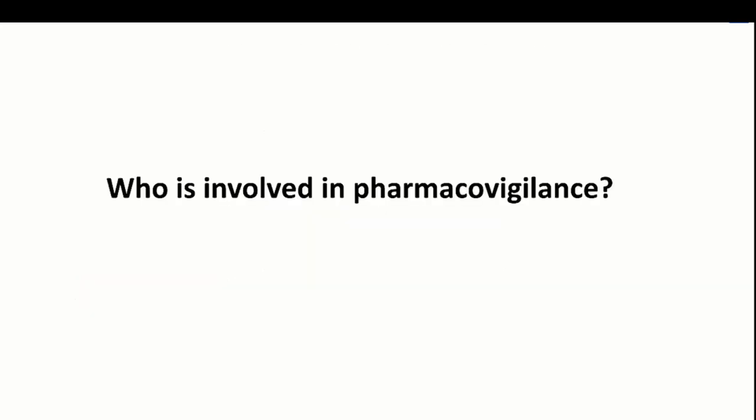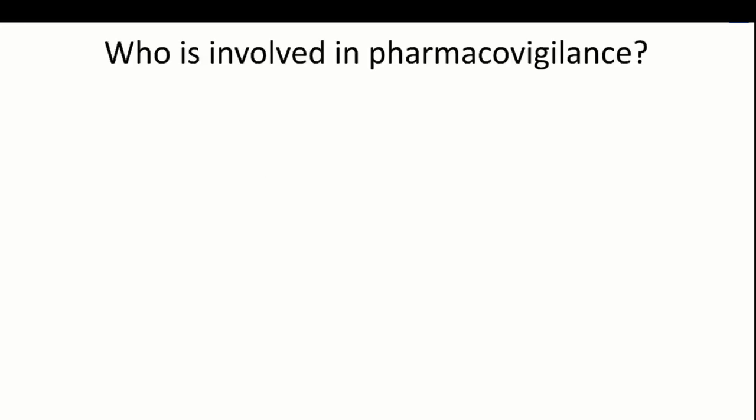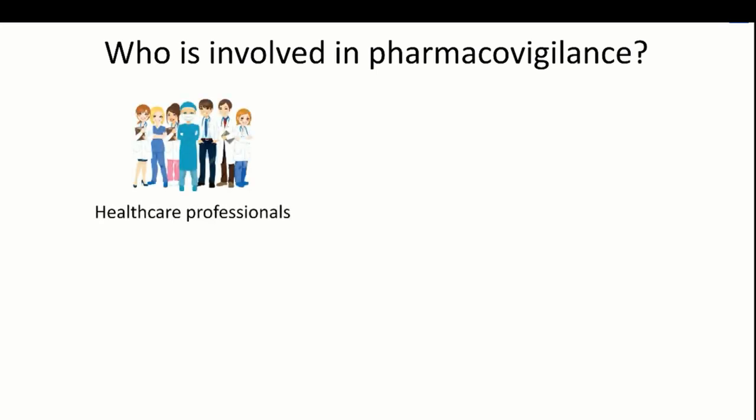Who are the stakeholders involved in the pharmacovigilance process? All healthcare professionals have a duty to improve the safety of medical care for patients and can do so by contributing to pharmacovigilance activities. They can play this role in two ways. First, they can make reports via spontaneous ADR reporting systems, such as the Yellow Card scheme in the UK.